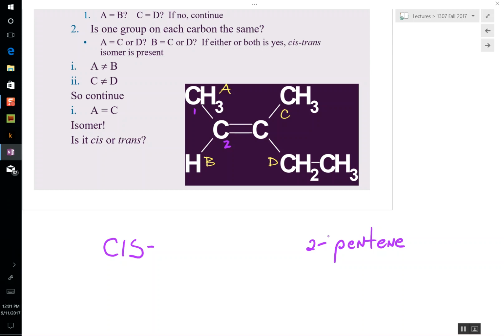That's in that name. We left that out. And where is that? Carbon number 3. And that's the name. We figured out it was cis. We figured out cis should be in the name.